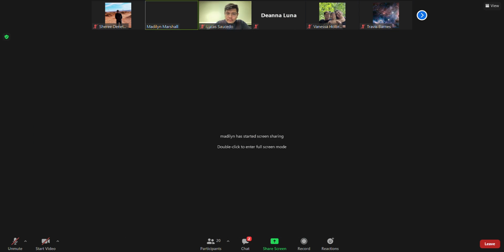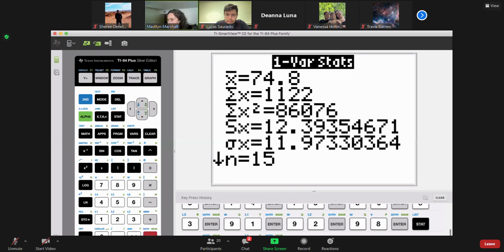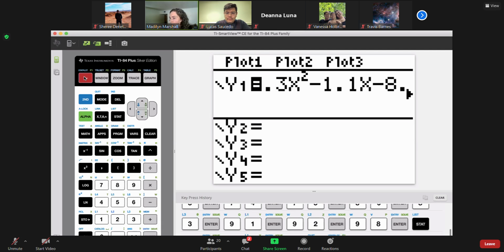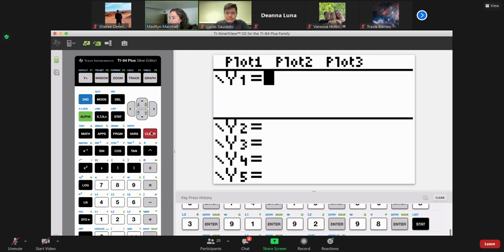So on a TI calculator, if you are using a TI, go ahead and open it, and in this Y equals, so if you haven't used one much before, we can go to this Y equals on the upper left corner, and that is where we can put in two functions. So I'm going to clear that.